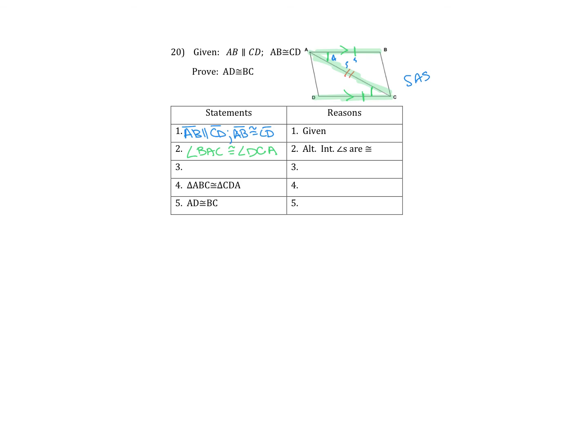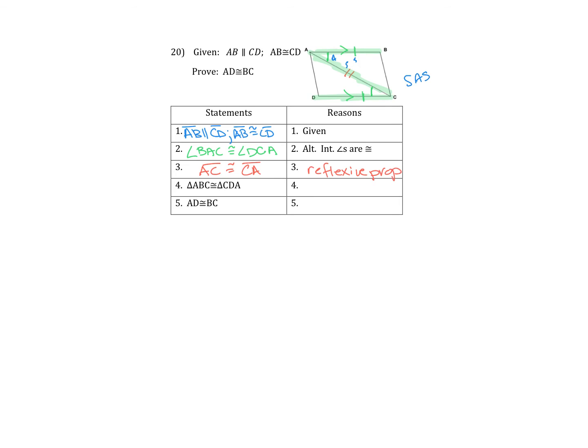Now the next line is left completely blank, and I'm trying to think what goes there. And I realize I've never added my reflexive side anywhere. So this is where I'm going to put my AC, or CA. Doesn't matter how you write it. But when I write it on the other side, I'm going to flip-flop them because this is a rotation, not a reflection. That's my reflexive property.